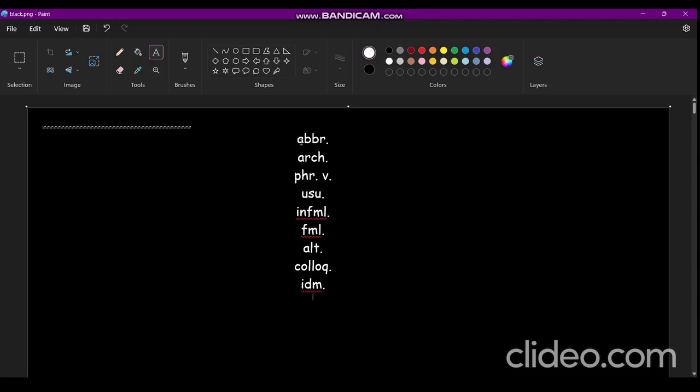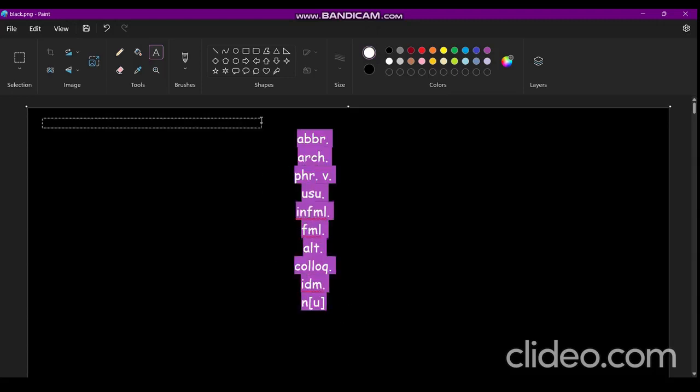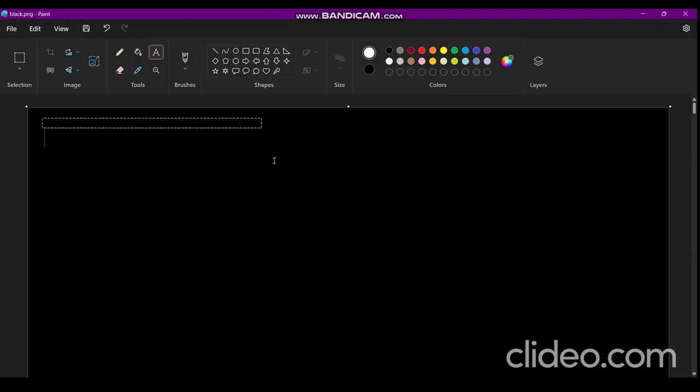N enclosed in brackets means that the noun is countable. Similarly, if here is U, it will be noun uncountable. The verb transitive can be written as VT.